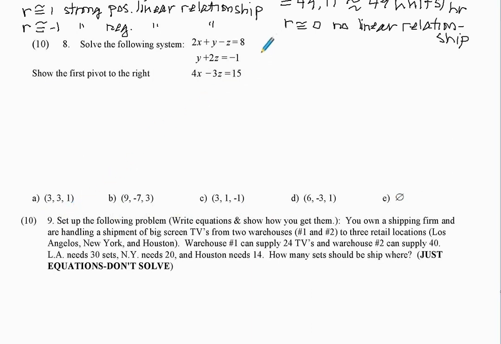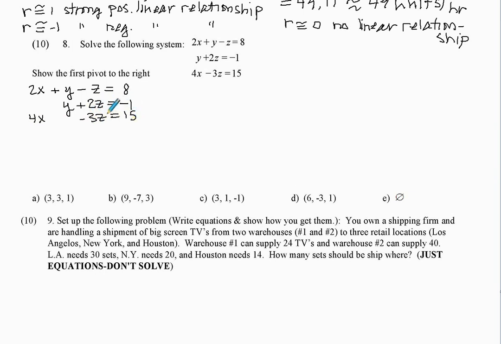Let's do a little bit of rearranging and line up our terms. So this is 2x plus y minus z equals 8, and then y plus 2z equals -1, and then 4x minus 3z is equal to 15.